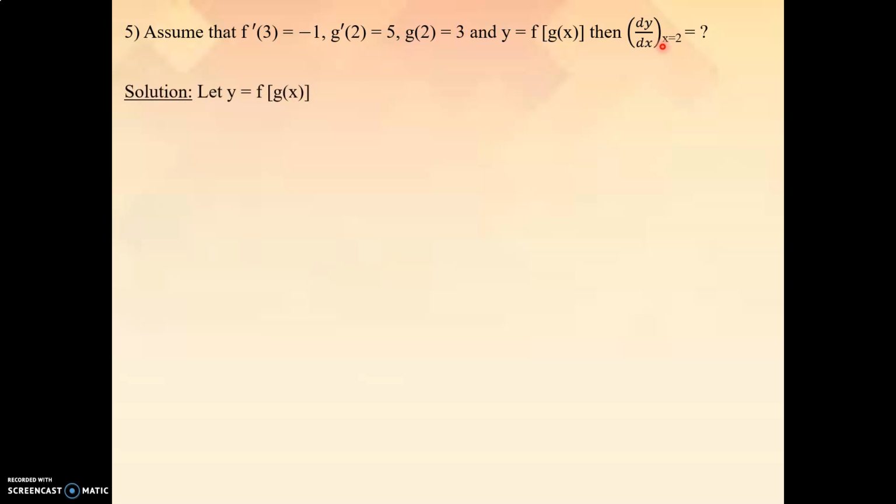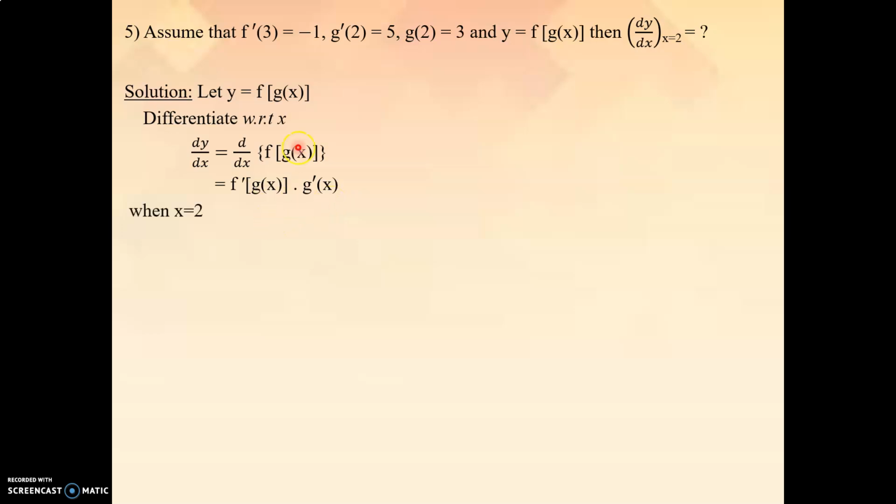So here the solution: let y is equal to f of g of x, differentiate with respect to x as it is. Now the derivative of f of g of x is f dash g of x into the derivative of g of x, which is g dash x.